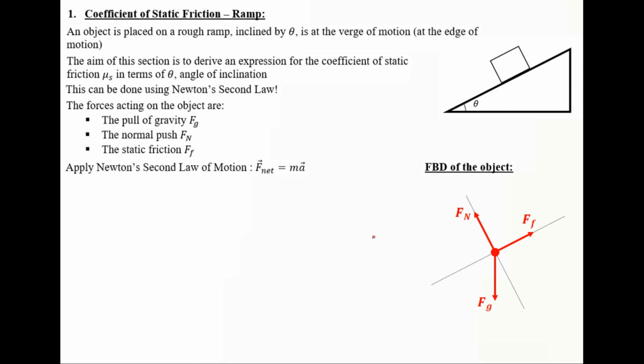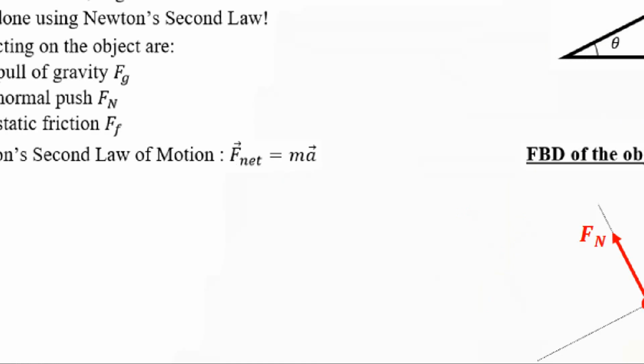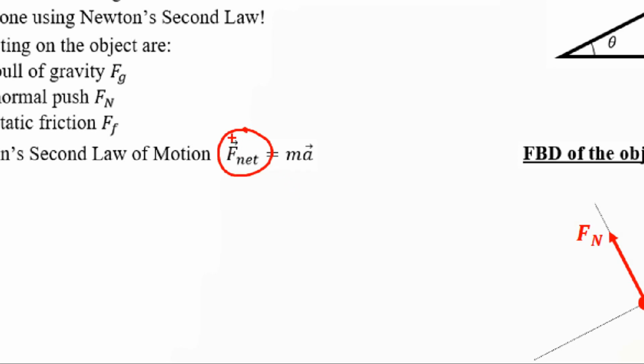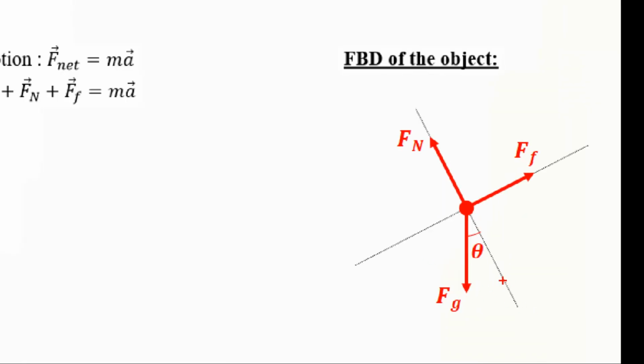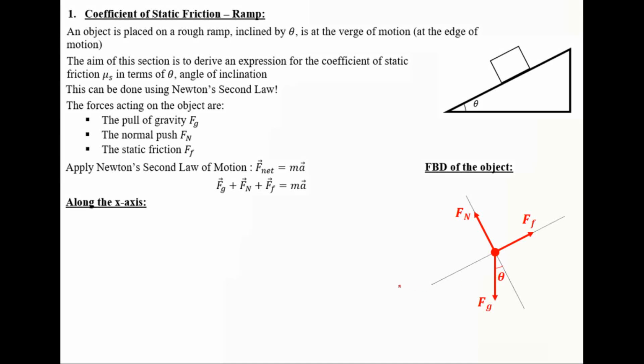And now we're gonna apply Newton's second law of motion given by F net is ma, where F net is the total forces acting on the object, m is the mass of the block, and a is acceleration. Now vectorially it's given by, and let's decompose this vector equation along the x-axis. And the angle between the pull of gravity and the y-axis would be theta, which is the angle of inclination.